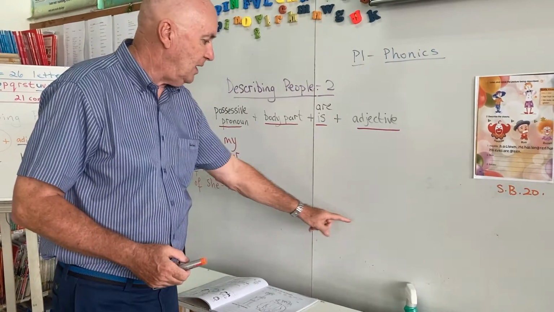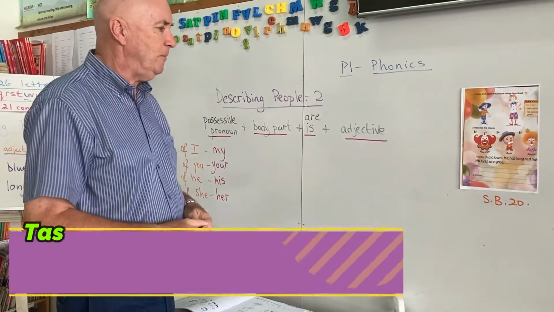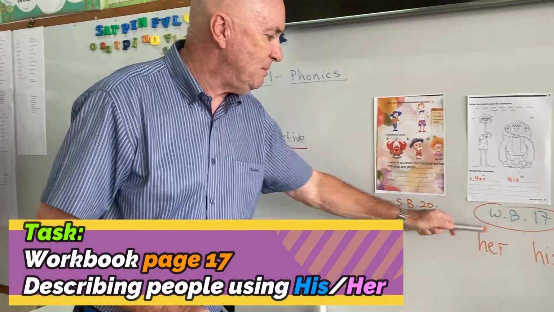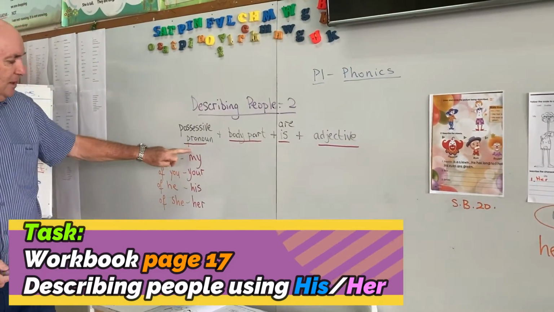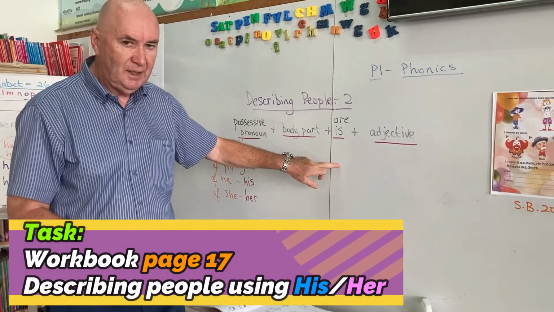Her legs are red or whatever colour. So see if you can try that. Okay? That's workbook 17 using his or her, part of the body, his or her.